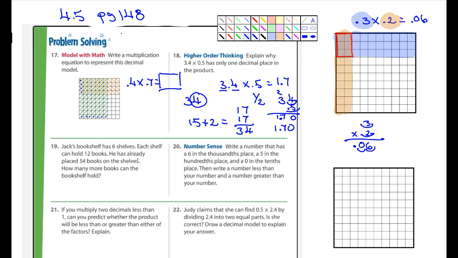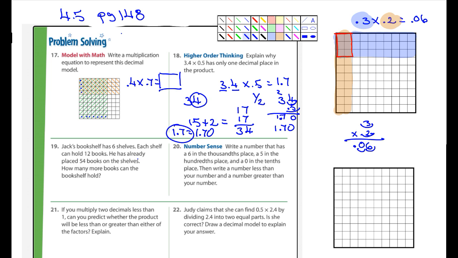It says, why does it only have 1 decimal place in the product? Well, you would say, no, Mr. Glacier, it has 2. Well, actually, the 0 really doesn't count. 1.7 is equivalent to 1.70 or 1.7000000. The 0 doesn't count.